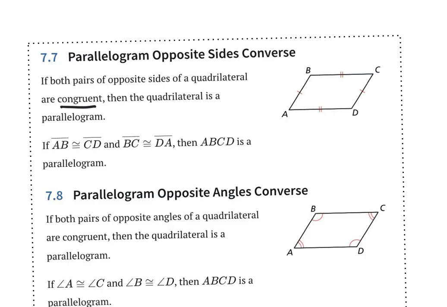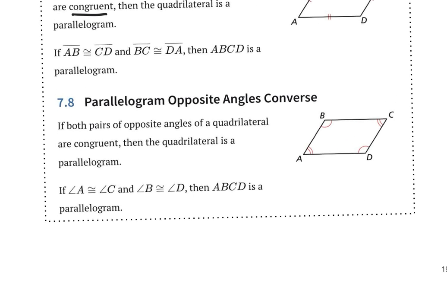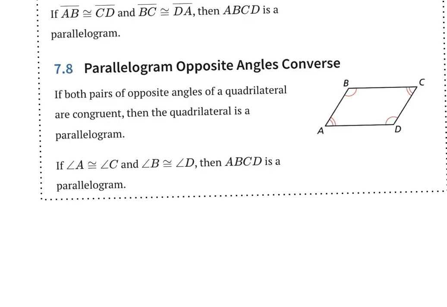So the big difference here is they're not going to come right out and say this is a parallelogram. We don't know if it's a parallelogram. We're trying to prove that, yep, it is a parallelogram. So that's one of the theorems that we did last week. Another one was opposite angles are congruent. So if B and D are congruent and C and A are congruent, then we have a parallelogram.